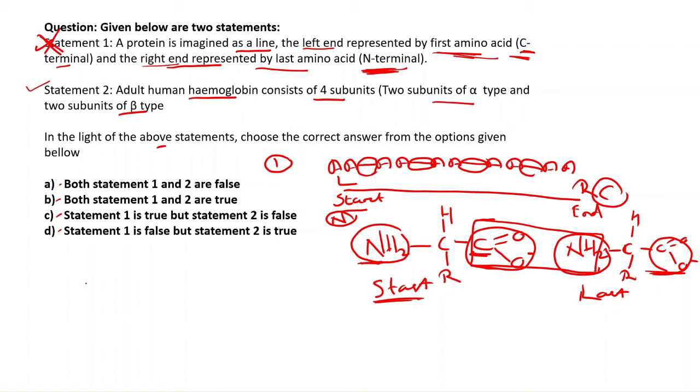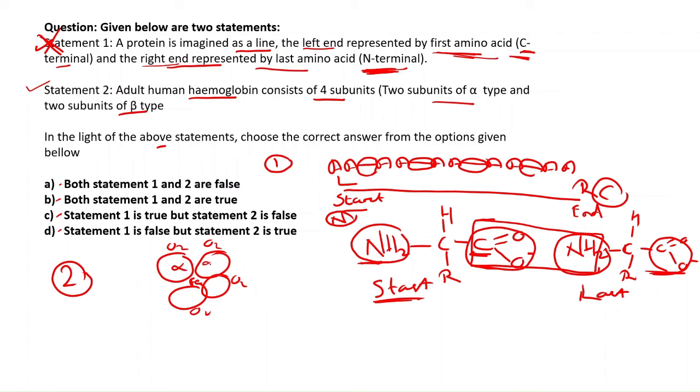Coming to statement 2. Statement 2 mentions hemoglobin. Hemoglobin is a multimer. Four units are combined in hemoglobin with an Fe ion in between. The four subunits bind to four oxygen O2 molecules through heme.